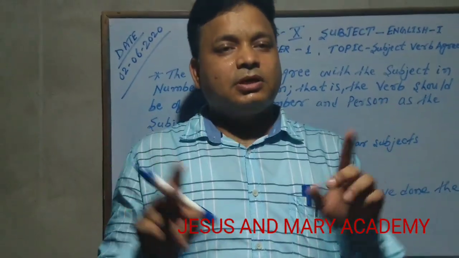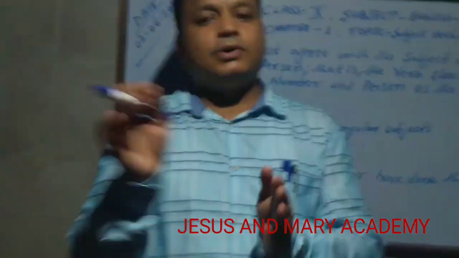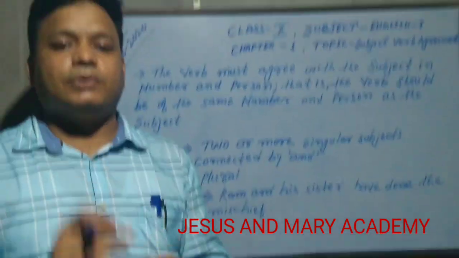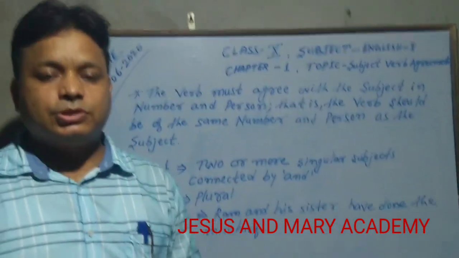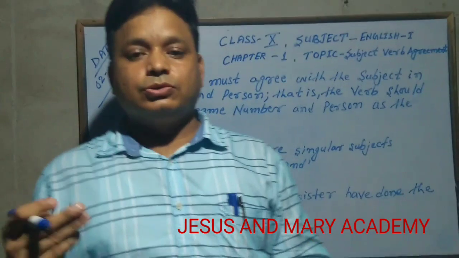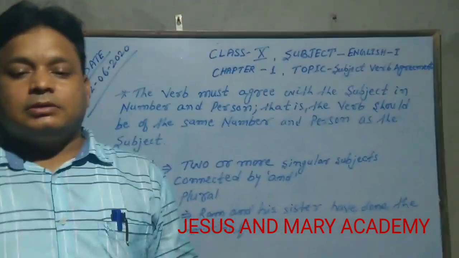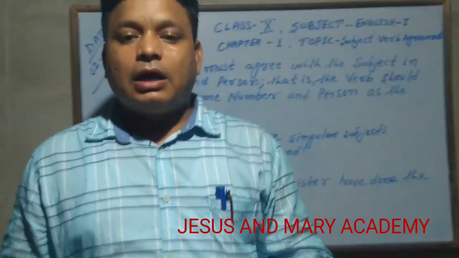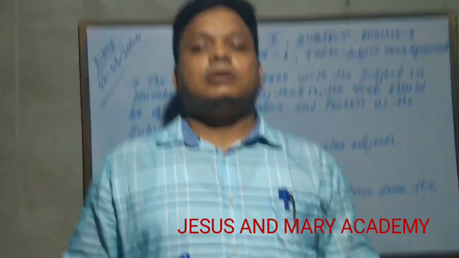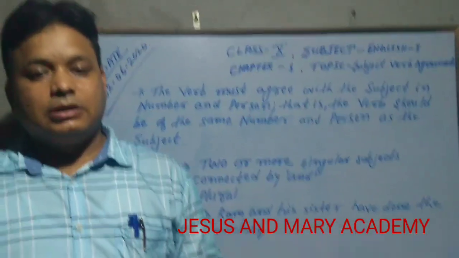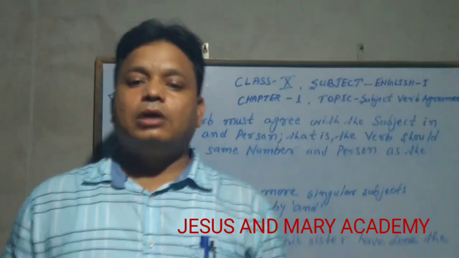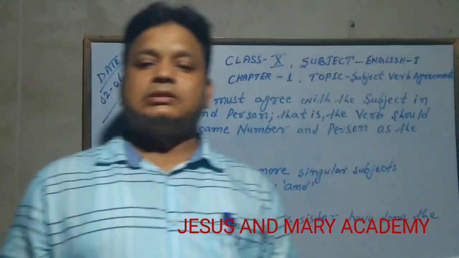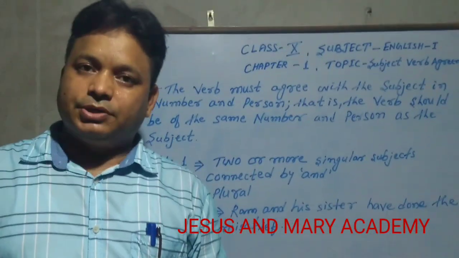There are two subjects, but they give one idea. So we have to use a singular verb. For example, neither you nor I was informed. Either Mohan or Anurag have resigned from the company.